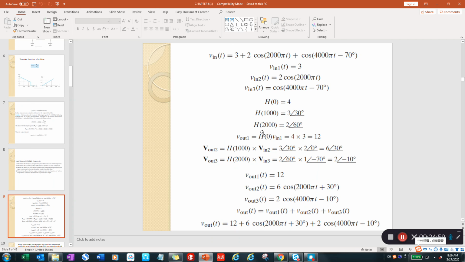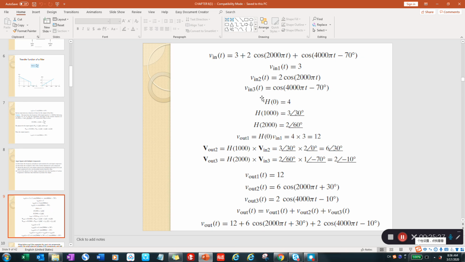So we know that the transfer function for the 2000 will be 260. Then we can figure out what is the output component for this 2000 frequency. We are going to use the transfer function at the 2000 frequency multiplied by the input component, which will be 260 multiplied by 1.